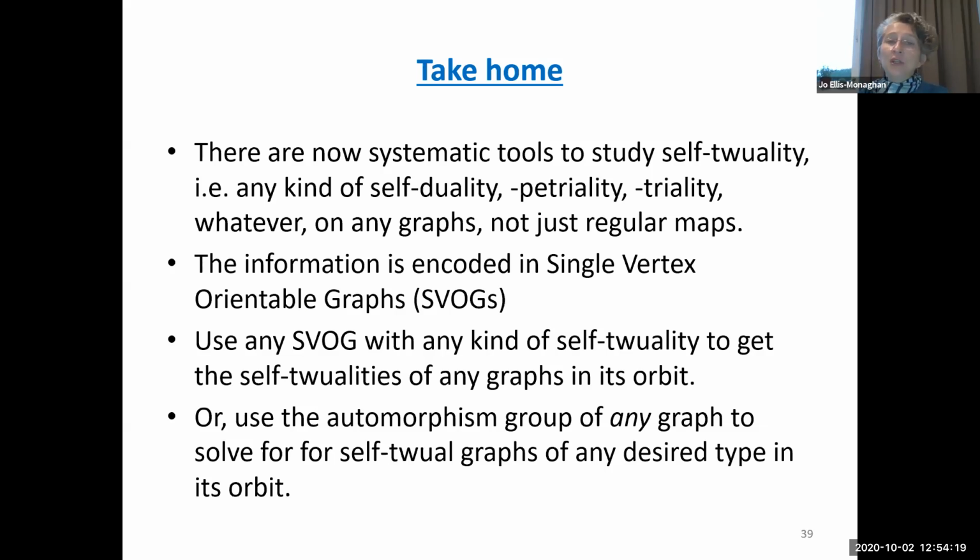The information is all encoded in these single vertex orientable graphs, but you can also get at a very rich field of information from graphs with nice automorphism groups.